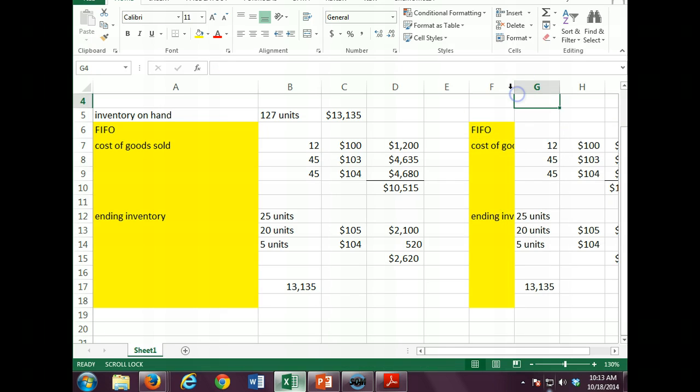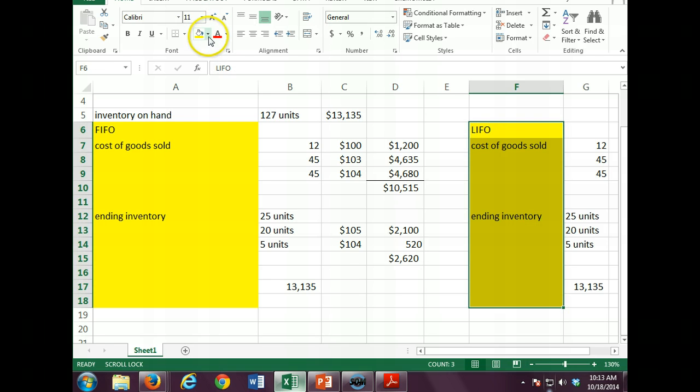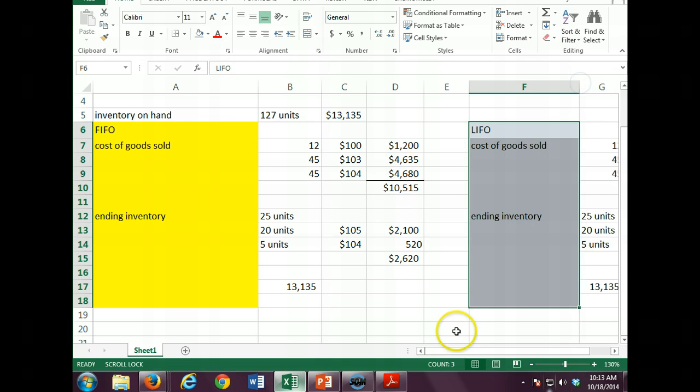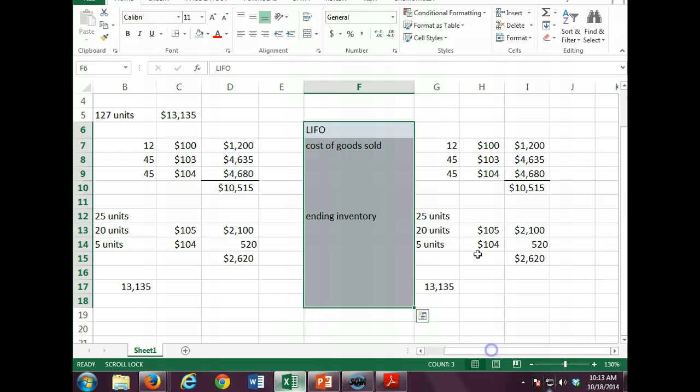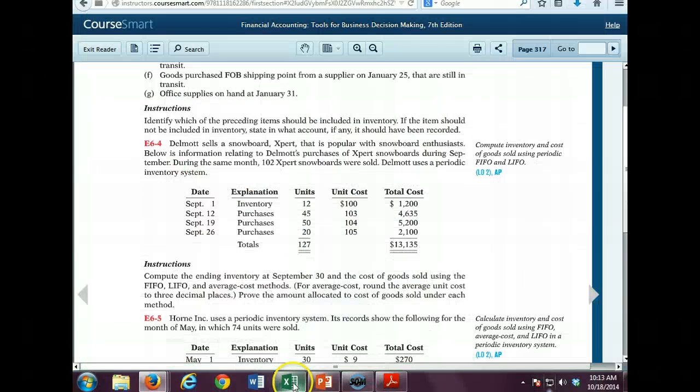and this is going to be LIFO, we're selling 102 units. So we need to first start with 20 units at 105.